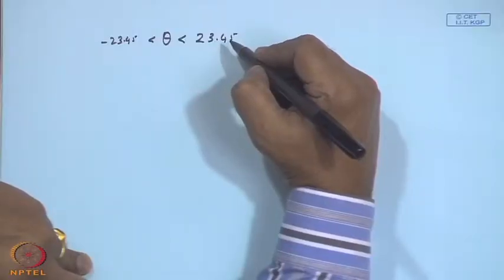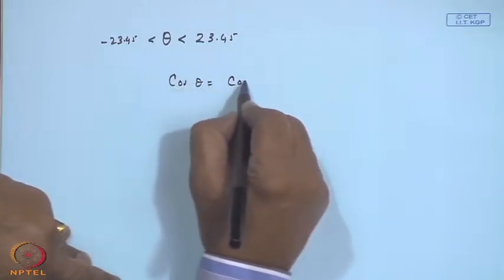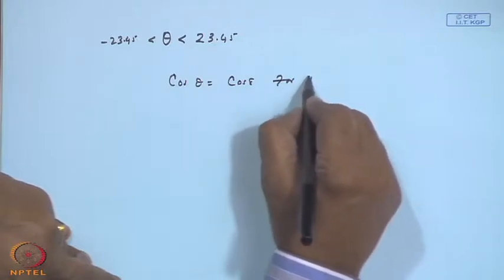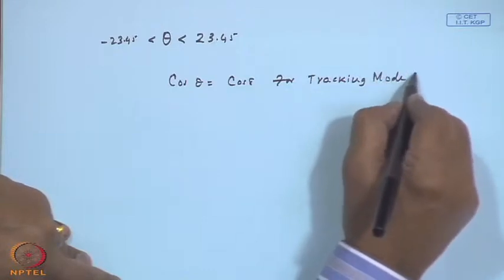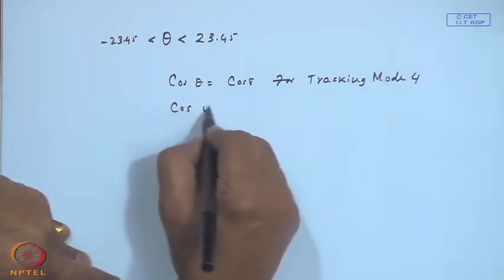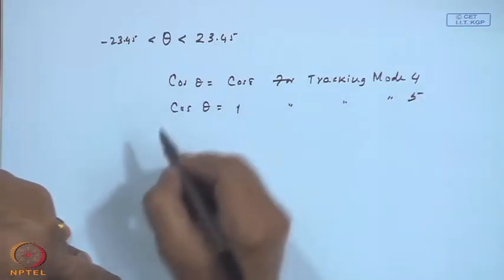So, your theta will have the largest value of 23.45 magnitude, cosine theta will be almost 0.92 or 0.95, not much different from cos theta equal to 1, though it is a single axis tracking compared to double axis tracking, where cos theta is equal to cos delta for tracking mode 4 and cos theta is equal to 1 for tracking mode 5, 2 axis tracking.